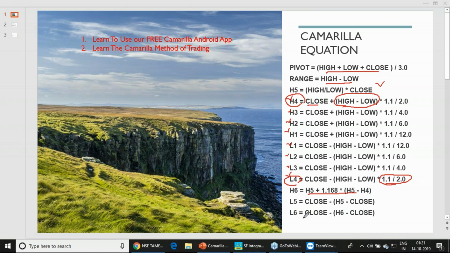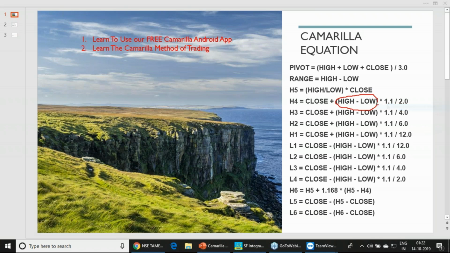L5 and L6, the extended levels, are also calculated the same way, from H5 and H6, the fifth and sixth resistance, giving your fifth and sixth support levels. So this is what the calculations of Camarilla are. But the main key point here is that high minus low price range is being utilized.